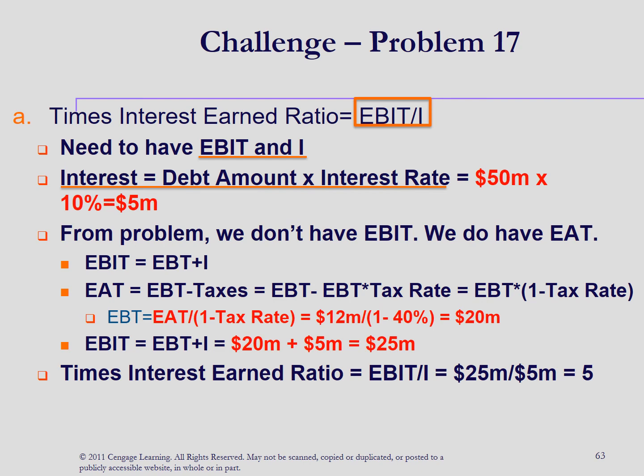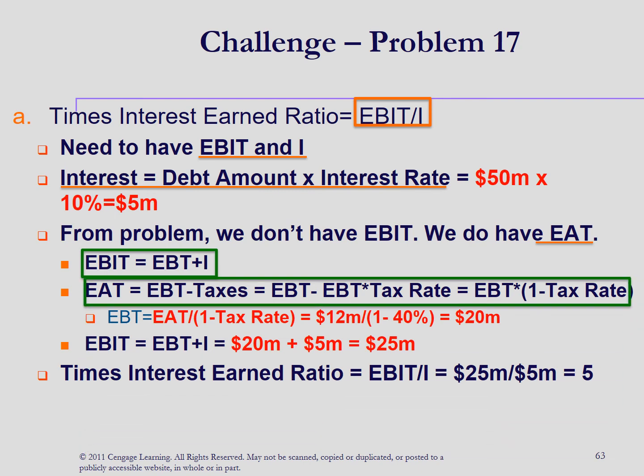From the problem, we don't have earnings before interest and taxes, but we do have earnings after taxes. We have the formula: earnings before interest and taxes are equal to earnings before taxes plus interest charges. We also have the formula: earnings after taxes are equal to earnings before taxes multiplying 1 minus tax rate.